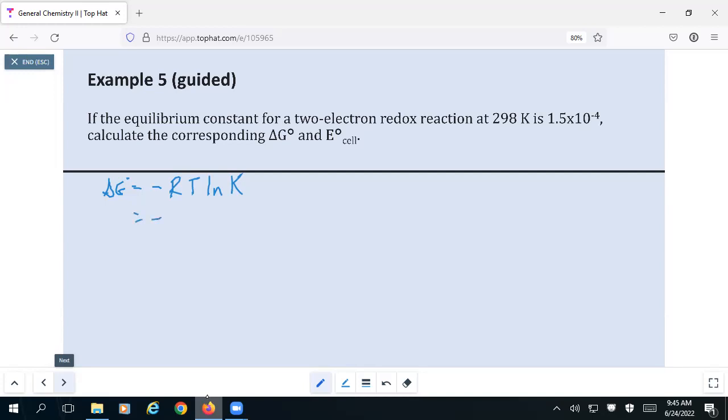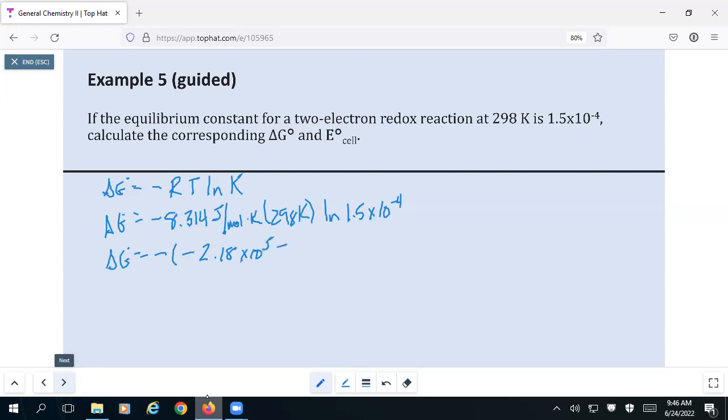And if we do that, negative 8.314 joules per mole Kelvin times 298 Kelvin times the natural log of 1.5 times 10 to the negative fourth would give us negative 2.18 times 10 to the fifth.